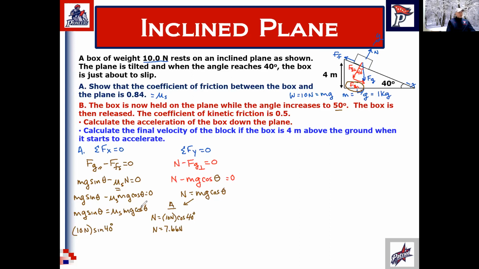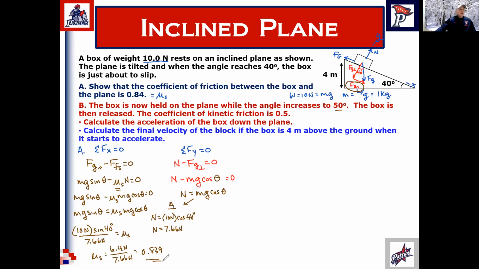Right now, we already know this is 7.66, so I'm going to bring that over here, 7.66. So if I do 10 times sine of 40, right, multiply that by 10, I get 6.4. 6.42 divided by 7.66, and I get 0.839.